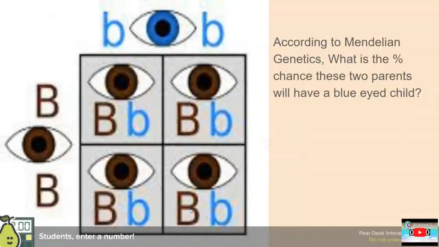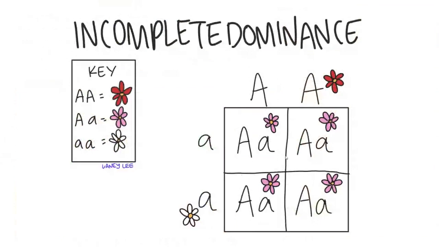But that's not what happened. We crossed it and expected to get red flowers with white carrier, but we actually got pink flowers. That's because in incomplete dominance, we actually have a blending of the two traits because neither one is dominant over the other. And we end up with 100% of the offspring having pink flowers.